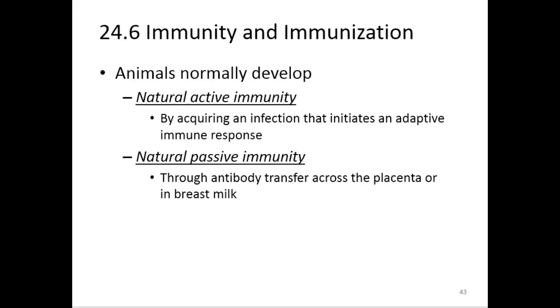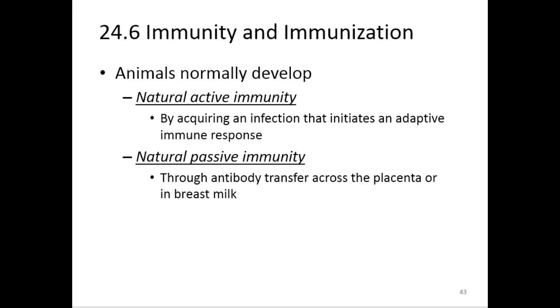So that's inflammation. Now we can talk a little bit about immunity and immunization. Animals normally develop two types of immunity: natural active immunity, where you get an infection that initiates an adaptive immune response, and then you develop a secondary response, and that's strong enough to prevent infection when you're exposed again to that pathogen, and that's actively gained.